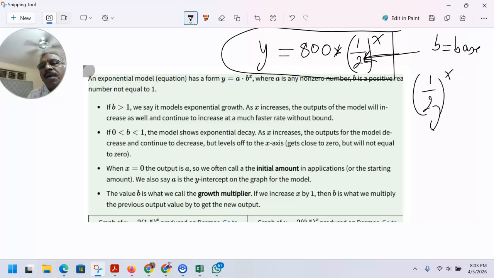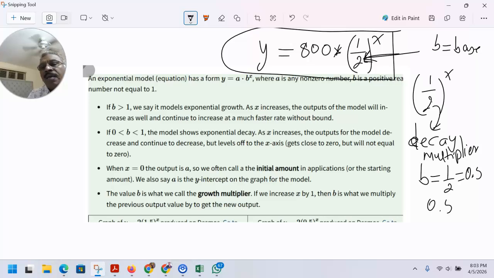Even though here we write this, it is called the exponential decay multiplier. Now why is it called a decay factor or multiplier? Because the b here is half, and half is 0.5, a number between 0 and 1.